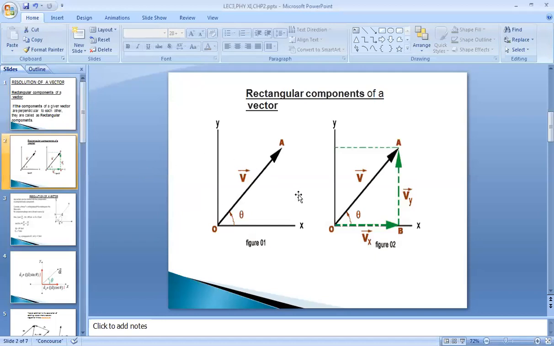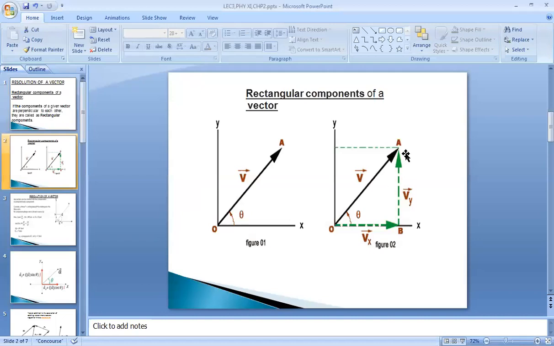You can see in this slide vector v. We take vector v because it can represent a velocity vector, a force vector, or a displacement vector. If vector v acts on a body making angle theta, it will break into two components.